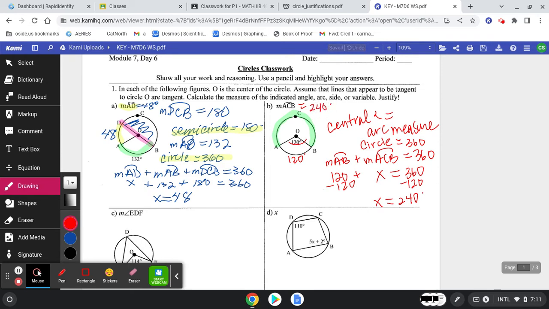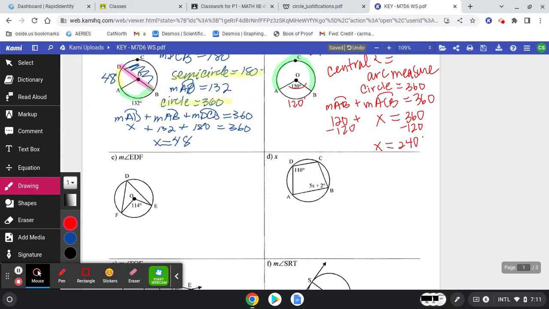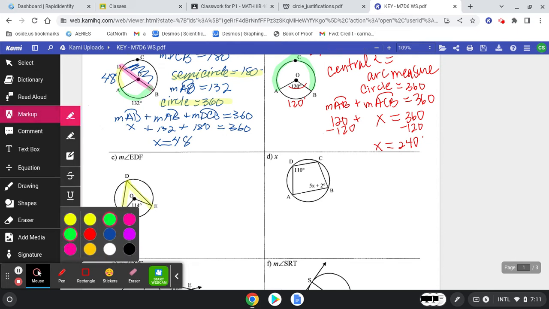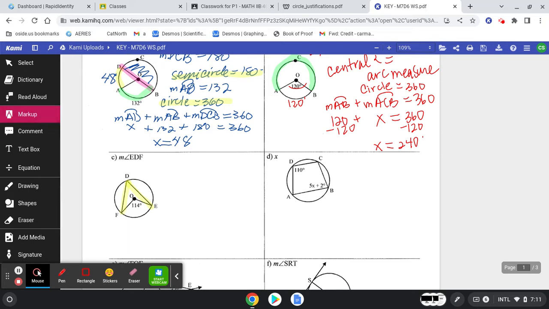How'd you do? All right, this next one we're looking at, you'll start to recognize where this angle goes all the way to the edge of a circle. That's called an inscribed angle. And they're asking us for that angle, measure of angle EDF. They want the inscribed angle, and they gave us a central angle. So this is kind of a two-step process.